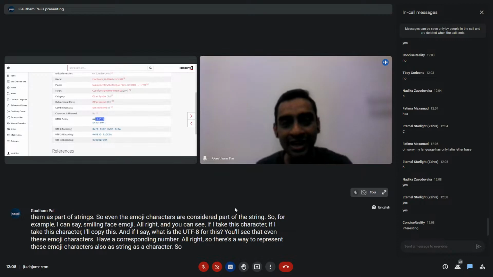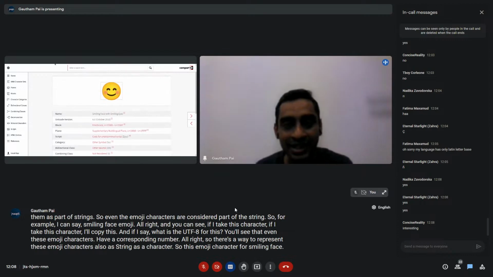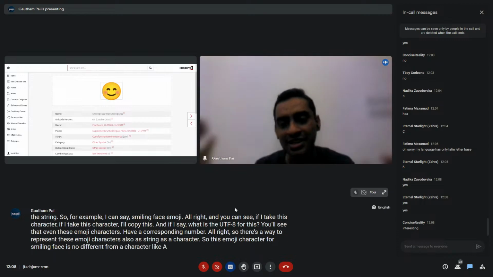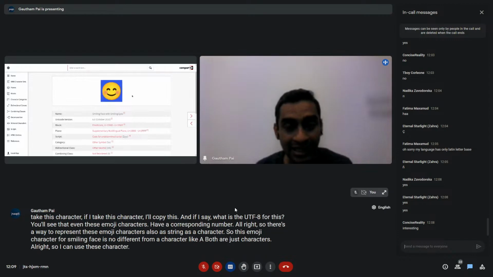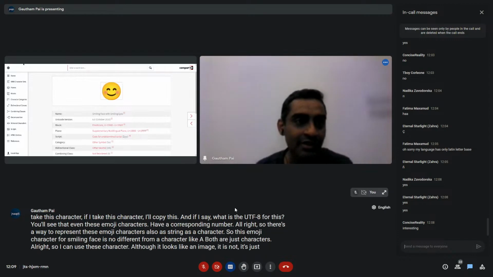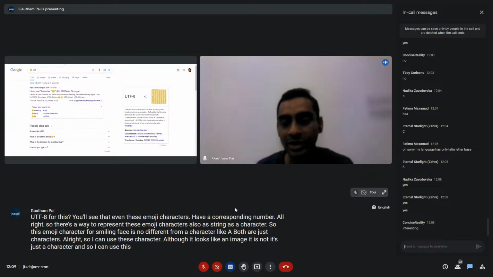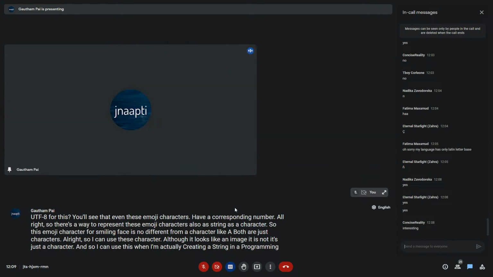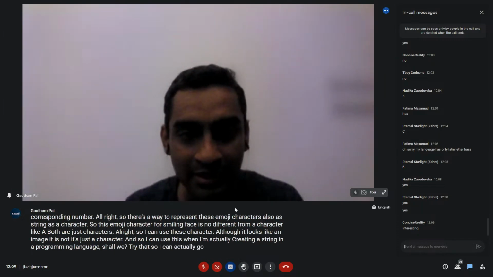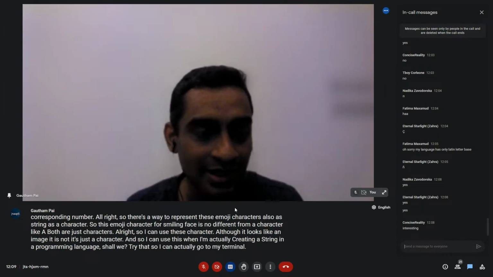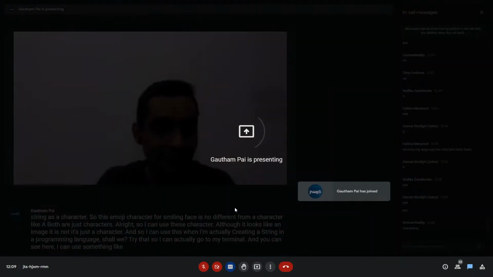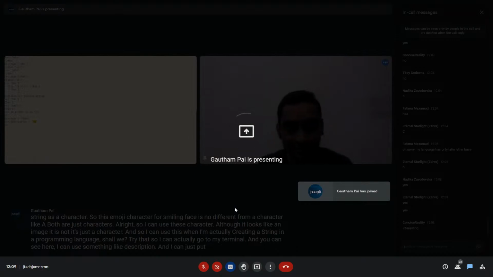All right. So there's a way to represent these emoji characters also as a string, as a character. This emoji character for smiling face is no different from a character like A. Both are just characters. Although it looks like an image, it's just a character. And so I can use this when I'm actually creating a string in a programming language. Shall we try that? I can go to my terminal and you can see here, I can use something like description and I can just put this character here.